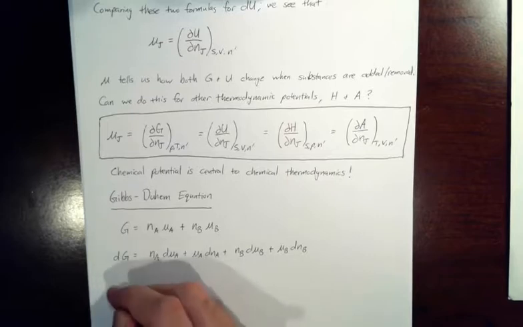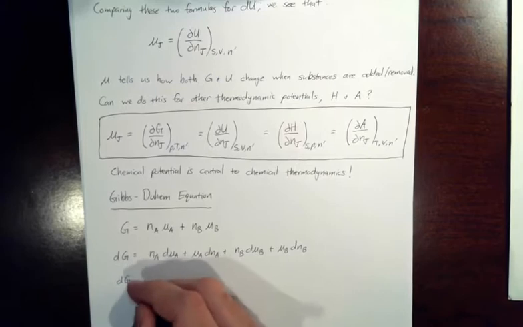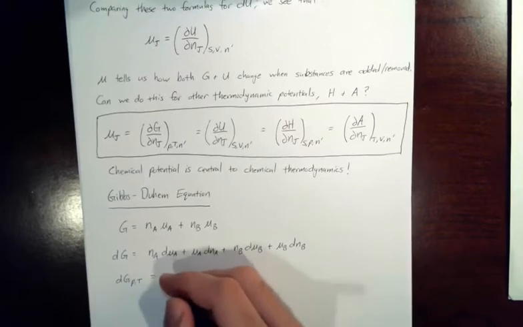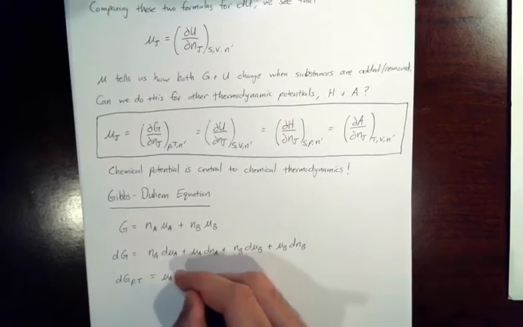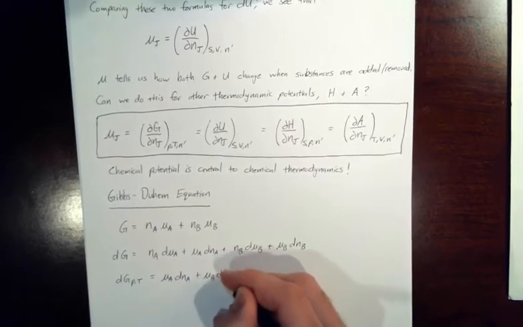Now, we've also seen earlier in this section that if we hold pressure and temperature constant, dG is equal to mu A dNA plus mu B dNB.